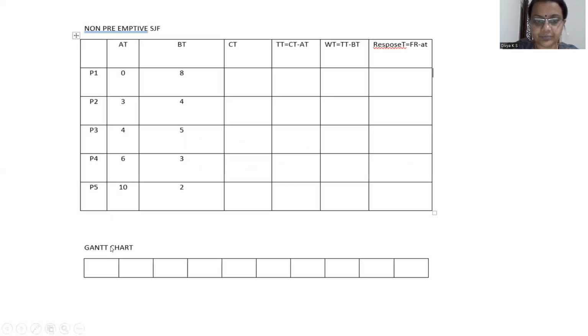So with the same problem, I will show you how the Gantt chart differs between the non-preemptive and preemptive algorithms. First we'll see the non-preemptive one.